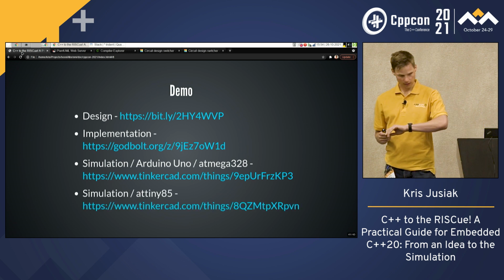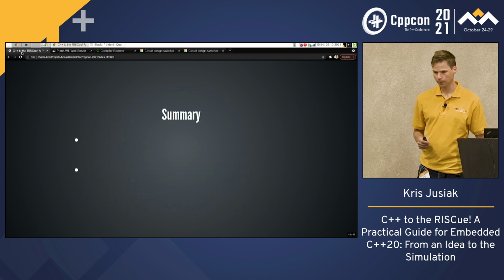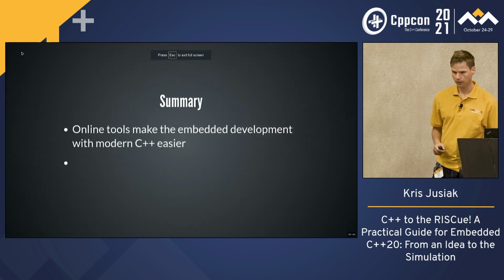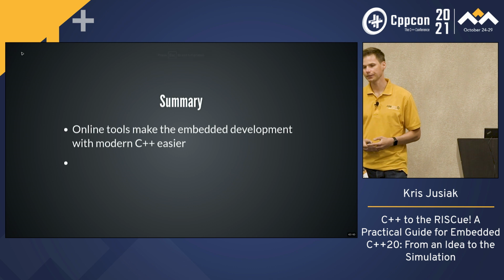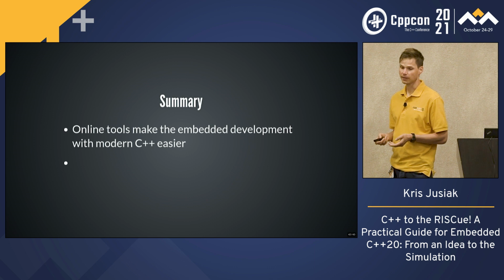And I think we don't have much time, so I will sum it up quickly. Hopefully that was encouraging. And I think the experiment that I've done for my nephew showed that the online tools make embedded development with modern C++ possible, or at least easier.